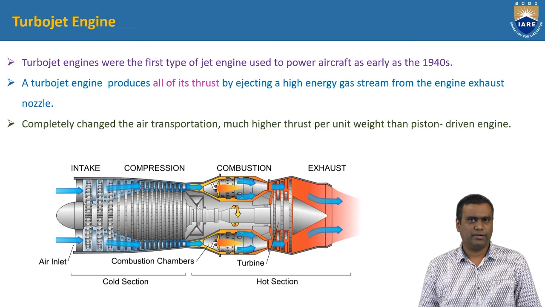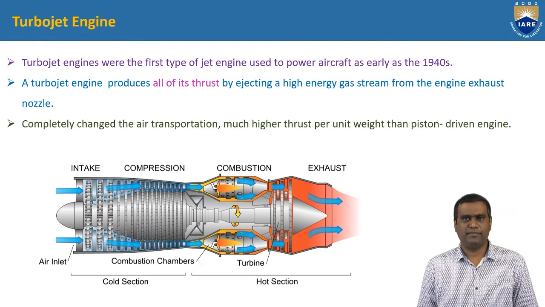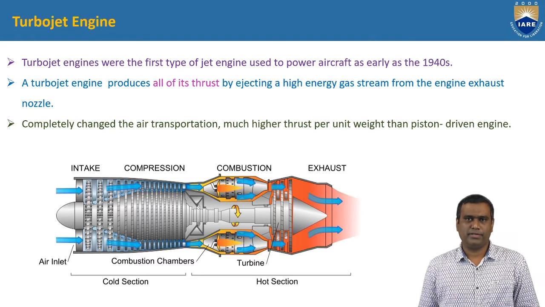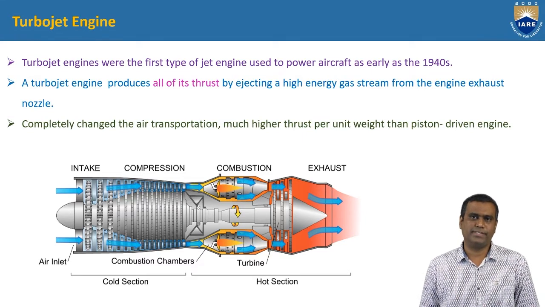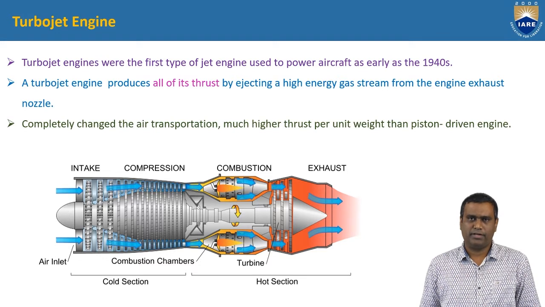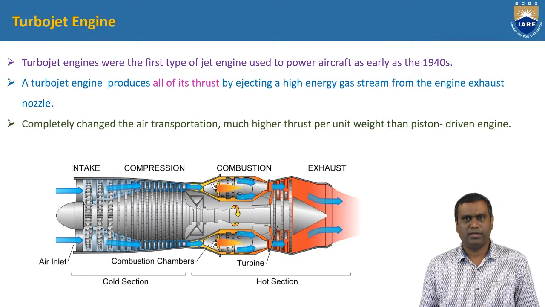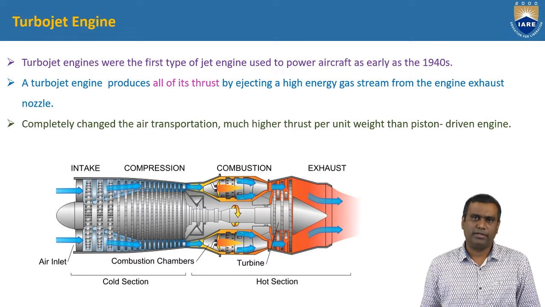It greatly reduced the cost of air travel and increased safety, and it enabled faster speeds. The turbojet engine has higher thrust per unit weight compared with piston driven engines, which led directly to an increase in range and increased payload, at minimal cost.